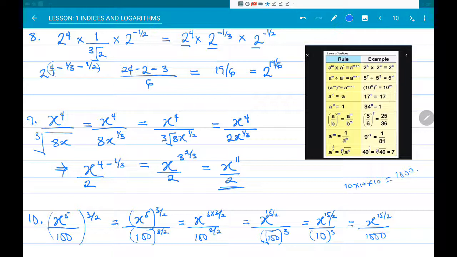So x to the 15 over 2 over the root of 100, which is 10, 10 raised to the power of 3. So finally, we have x to the 15 over 2 divided by 1000, because 10 times 10 times 10 is equal to 1000.